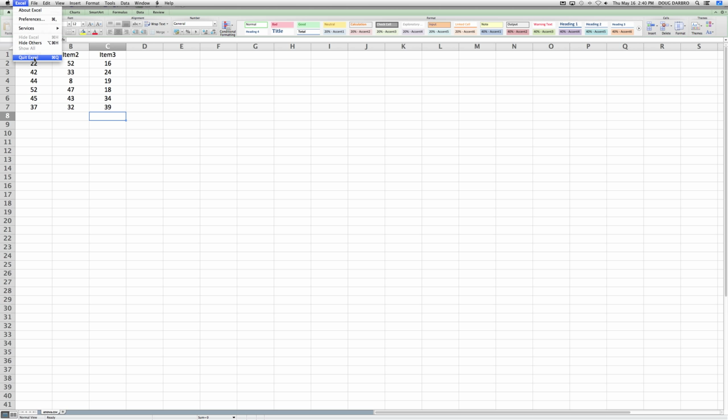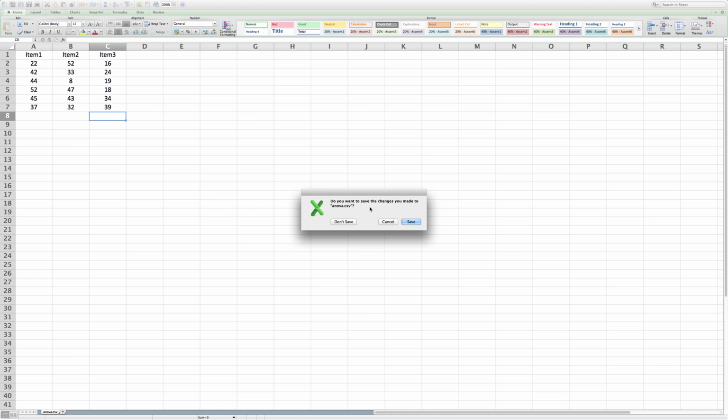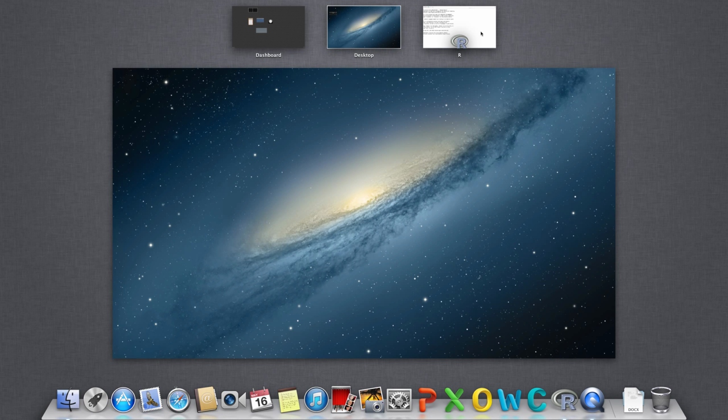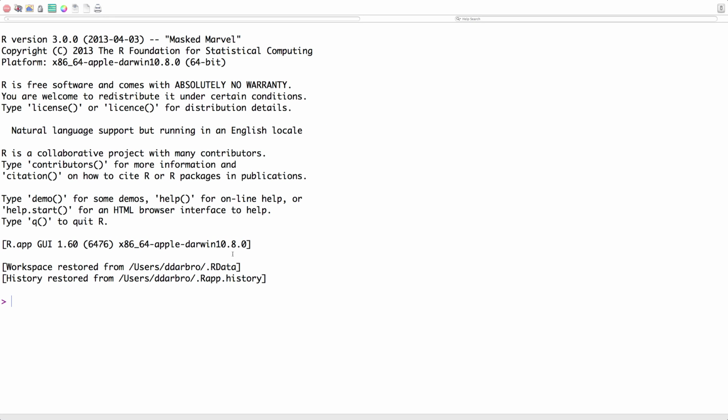All right, shut down Excel. I already saved it. I don't want too much running, because with the screen recorder going, with the iPad and R going, sometimes things get a little crazy. Now again, we need to get our working directory. You remember that, or at least I hope you remember that from the first lecture.